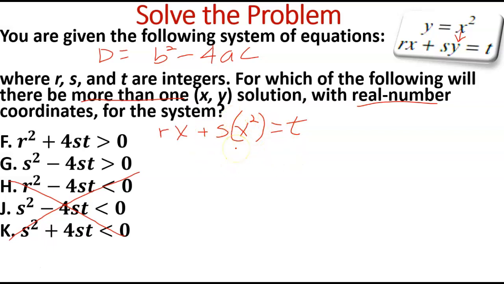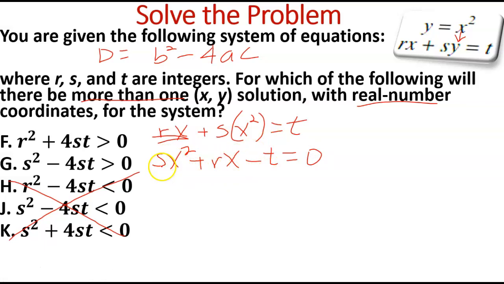So let's write the term that has x squared first, followed by the one that has x in it, because x is the variable. They told us that r, s, t are integers, so they are actually numbers. They represent the A, B, C. Then move t to this side, and it becomes negative t equals 0. Now it looks like a quadratic with x squared and x.